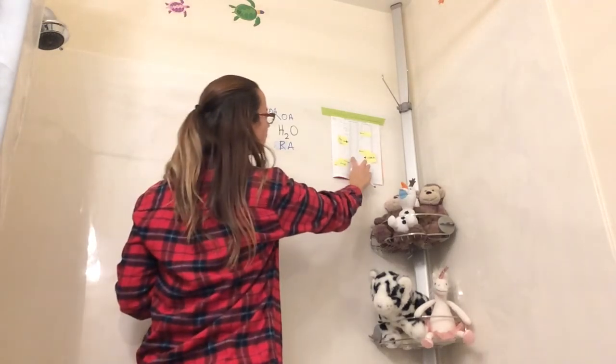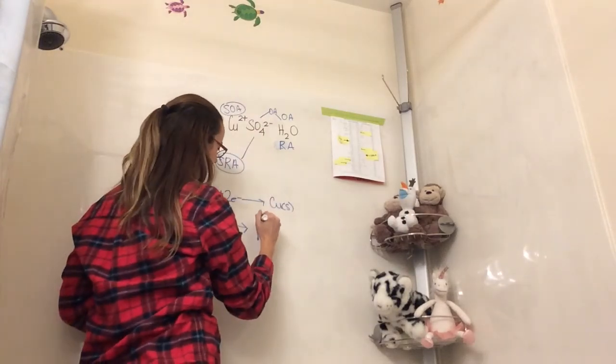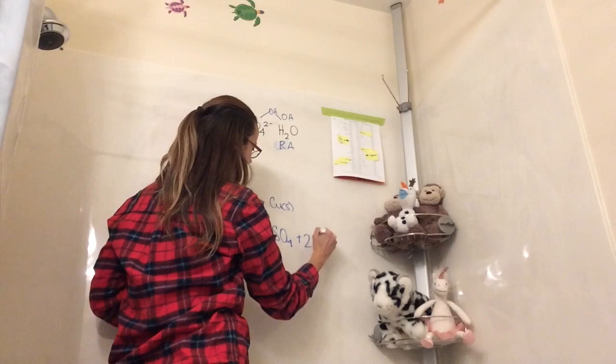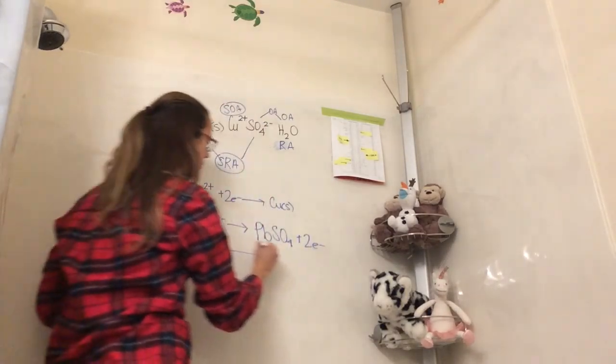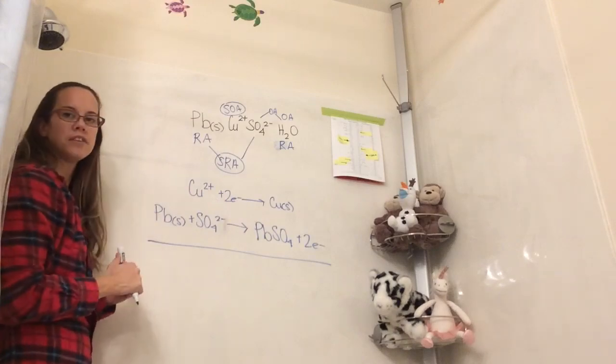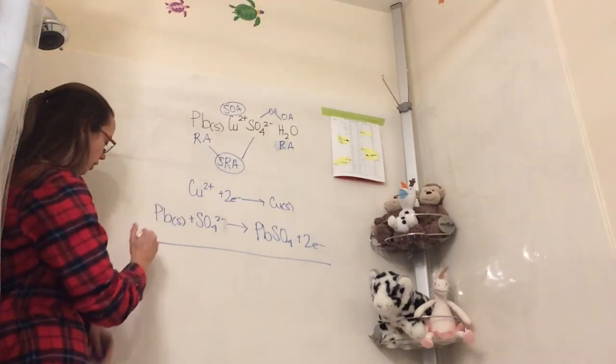And that produces lead sulfate and 2 electrons. All right. Our 2 electrons are already matching, so we don't need to balance our electrons. We can just go ahead and write our net reaction.